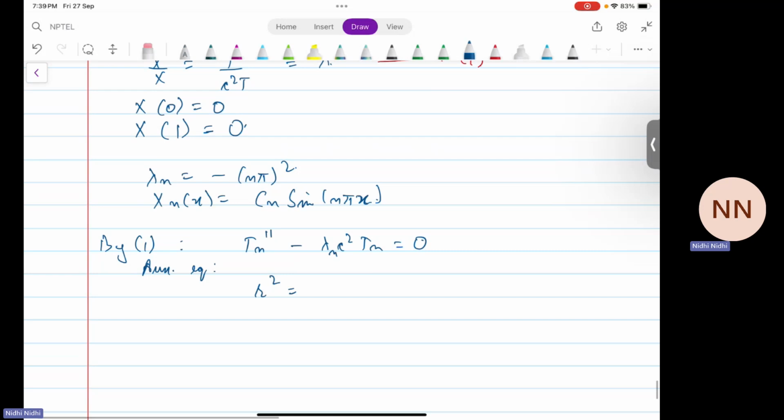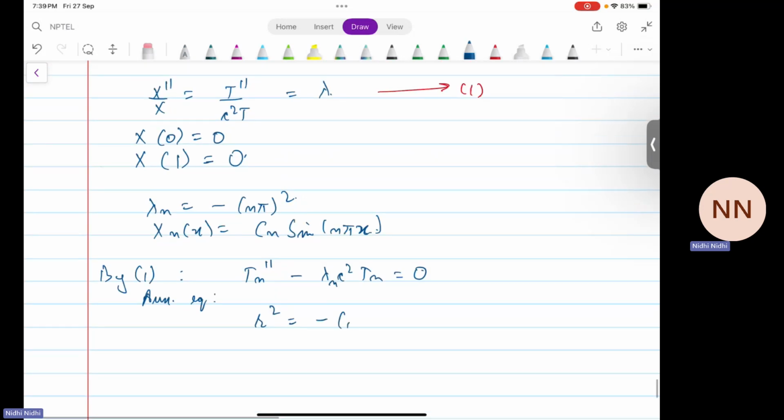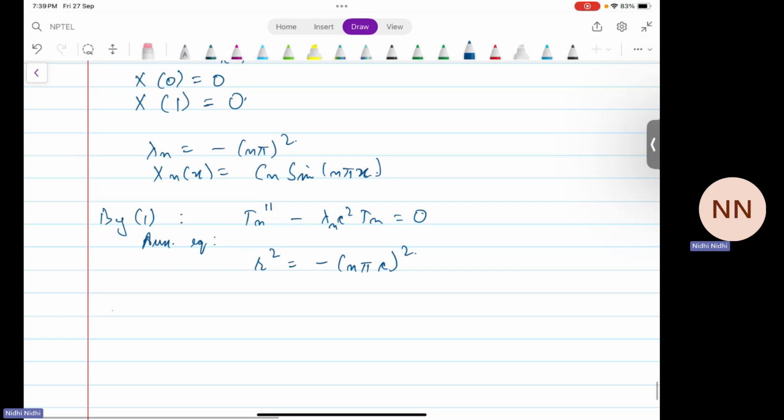So lambda n is minus (n pi) square times c square. So this gives us T_n(t) is A_n times sine n pi ct plus some constant B_n times cos n pi ct.